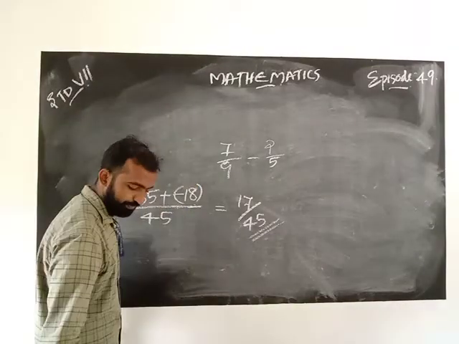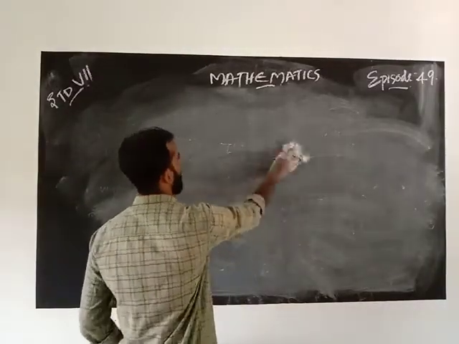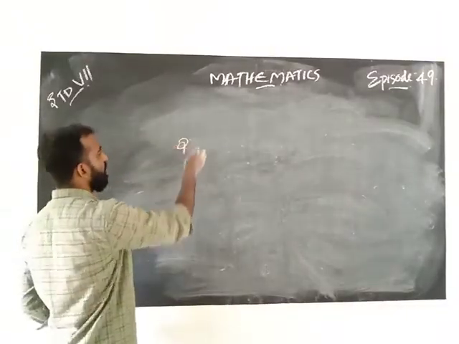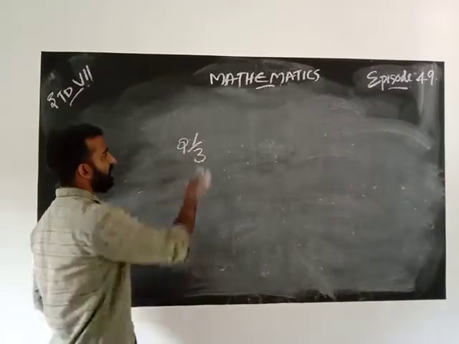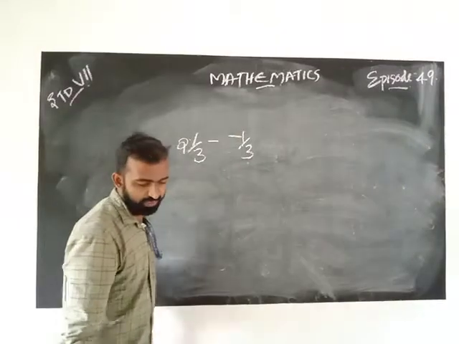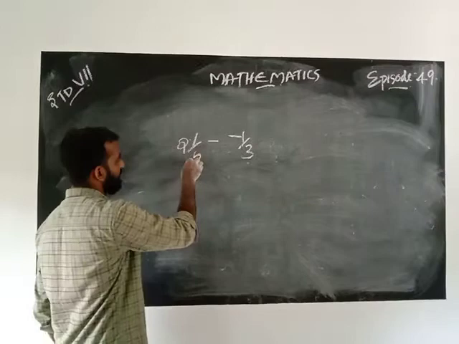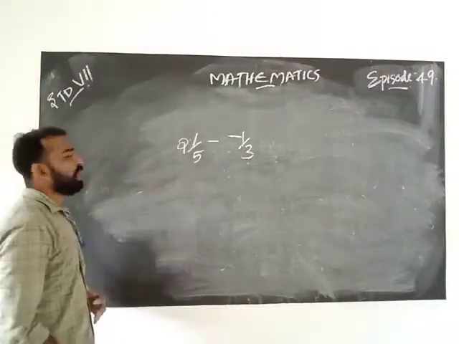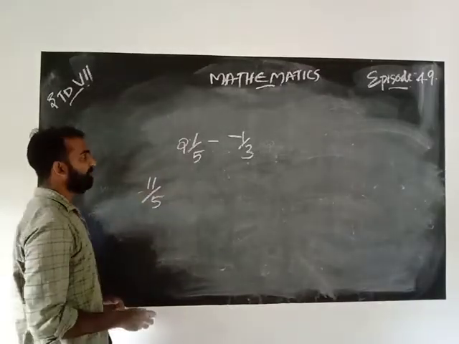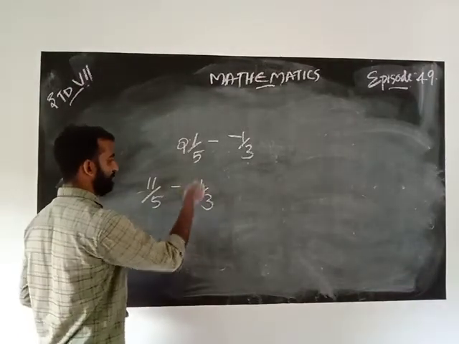Here, 2 and 1 by 5 means 11 by 5. 11 by 5 minus negative 1 by 3.